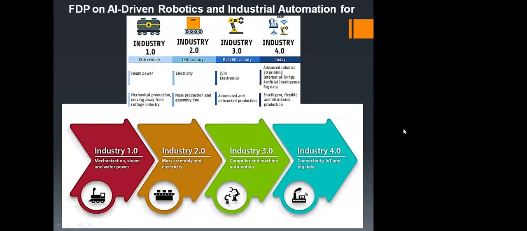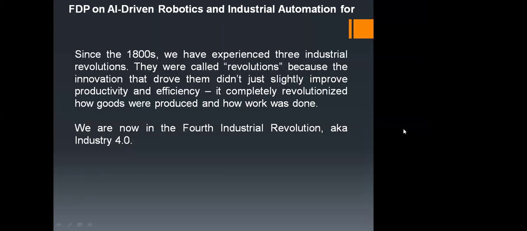Chronologically, from the 18th century to the present decade, we have gone through all these industrial revolutions. They are named revolutions because the innovations did not just slightly improve productivity or efficiency; they completely revolutionized how products were produced and how production-related operations were done.